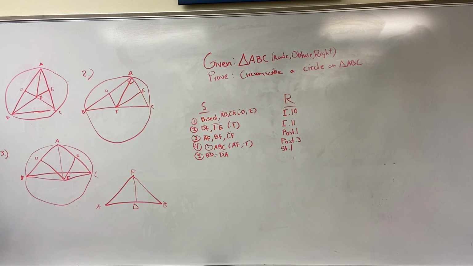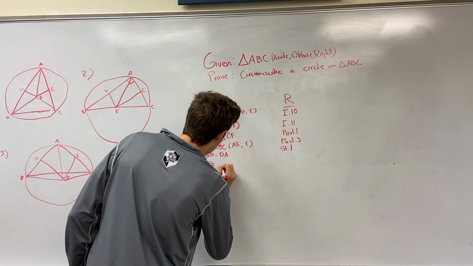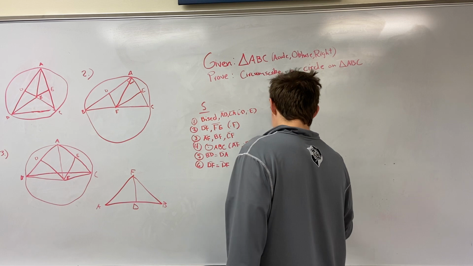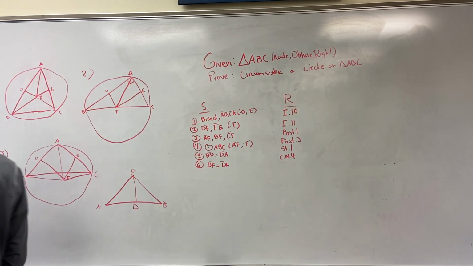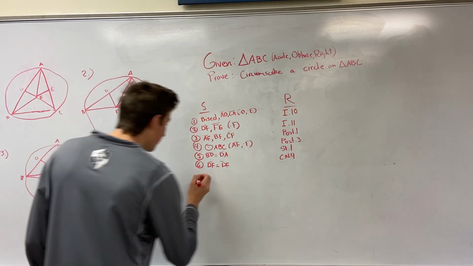And we know that DF is equal to DF, and that is because of common notion 4, which coincides, is equal. And both of these are right angles because we raised a perpendicular, and a perpendicular has right angles on both sides.